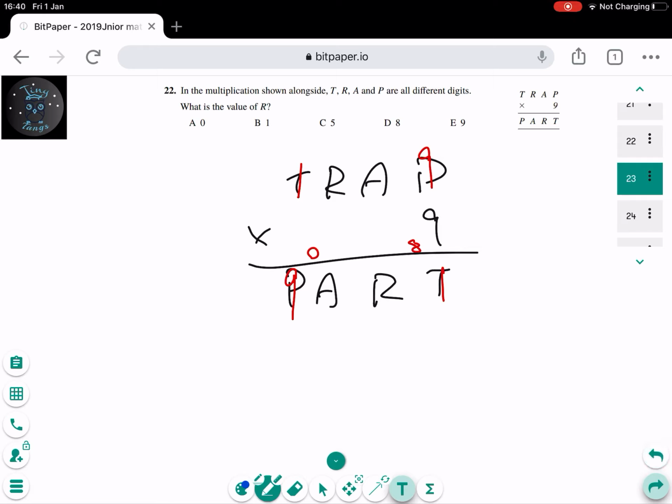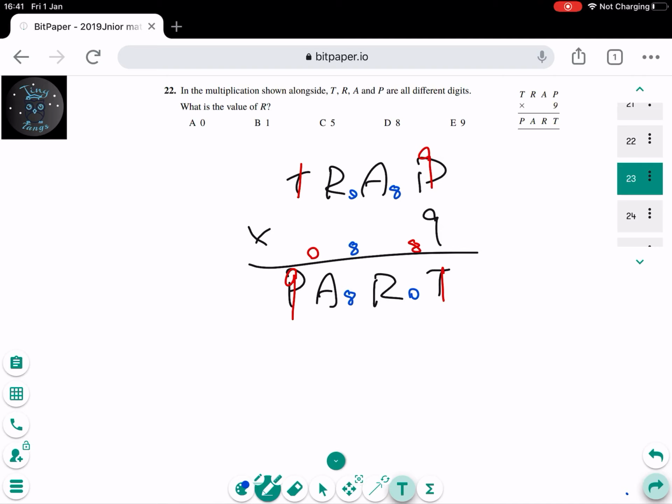And we could do A equals 8. 8 times 9 equals 72, so it becomes 80. And because R is 0, 0 times 9 equals 0, and 0 plus 8 equals 8. So that's perfect.